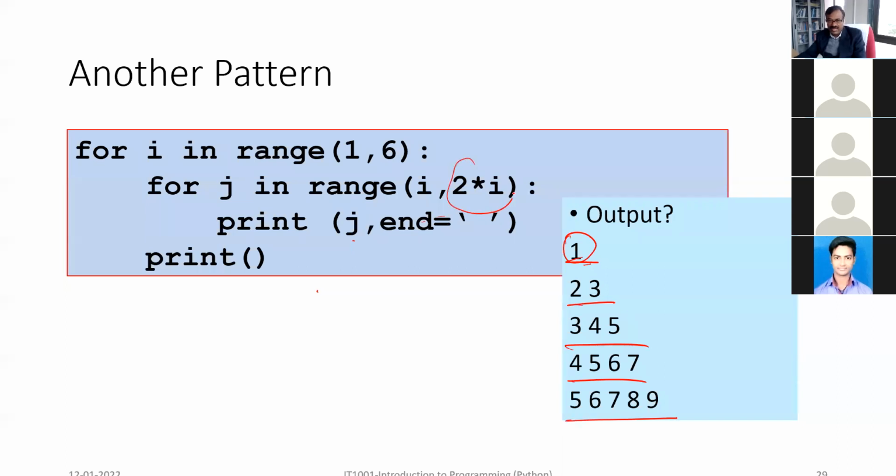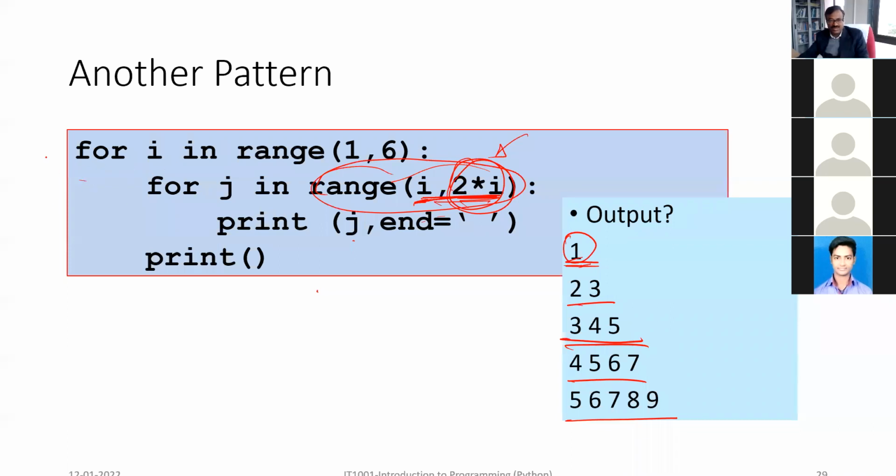So you need to have this part start with some number, but then this is a variable number, so this range will give a different set of numbers. Therefore, you need to design this range function in such a way that it returns those numbers. The first time it will return only 1 number, the second time it will return 2 numbers so that the inner loop runs 2 times, the next time it should return 3 numbers, and so on and so forth.